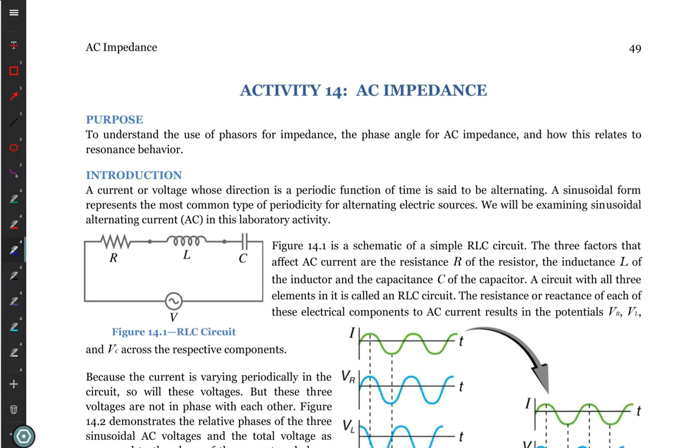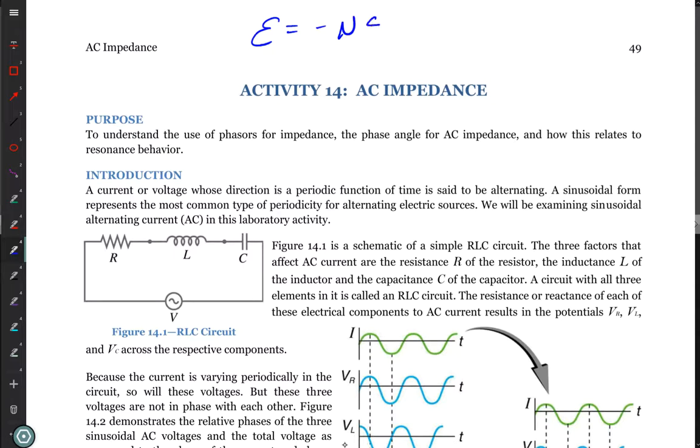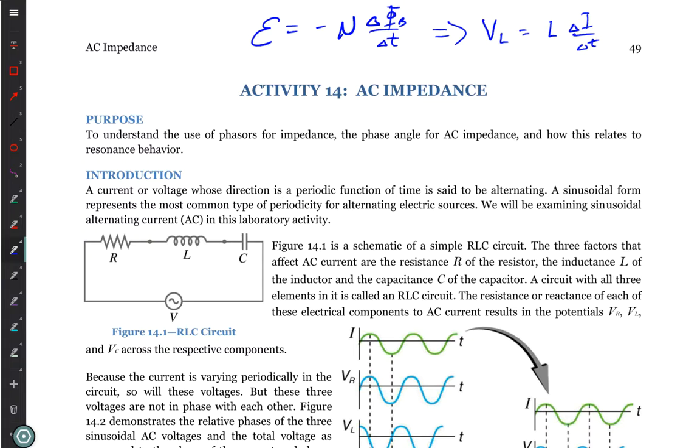The minus sign, remember from Faraday's law, that minus sign is part of our sign convention, but we take this equation to write the voltage drop across the inductor is equal to L, change in current over change in time. And your L would have to have a minus sign in it.